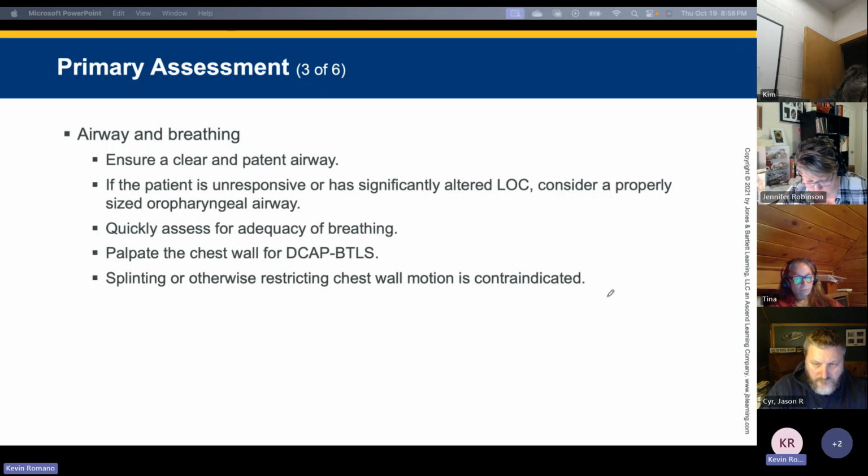If the patient is unresponsive or has an altered level of consciousness, consider a properly sized oropharyngeal airway, OPA. If they have a gag reflex, remember, it comes out and go with the nasal, as long as you don't suspect any kind of nasal fracture. Quickly assess for adequate breathing. Splinting or otherwise restricting chest wall motion is contraindicated.